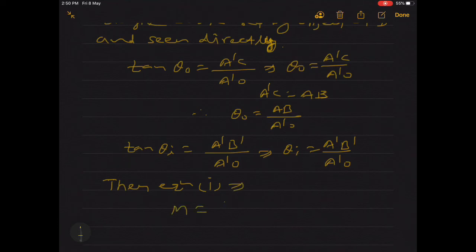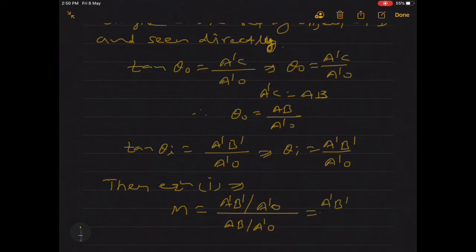It will give us m is equal to A dash B dash upon A dash O upon AB upon A dash O.